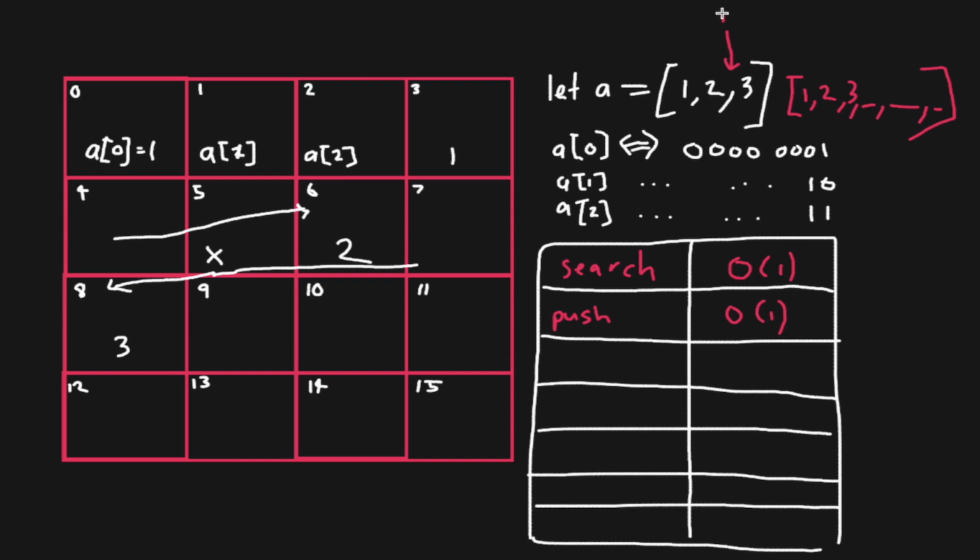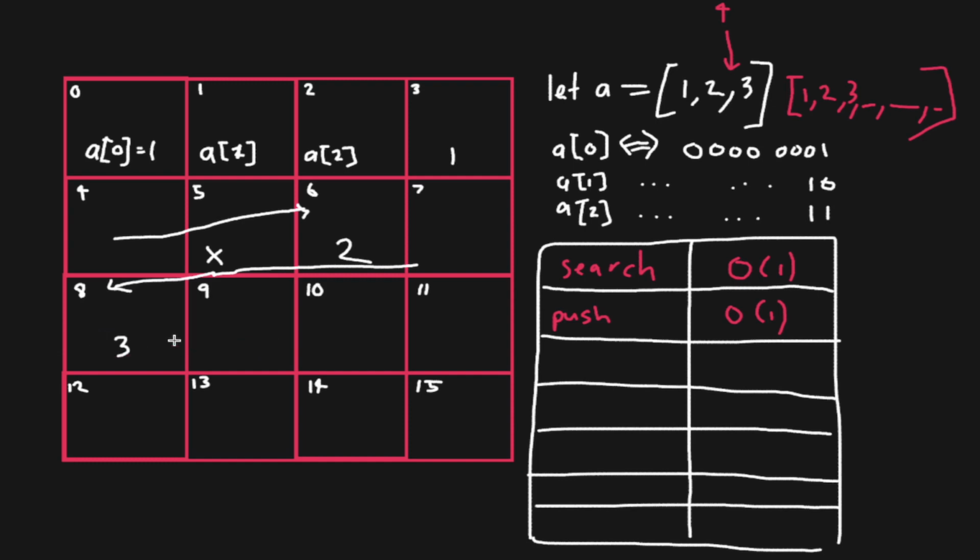But let's say I wanted to put the number 4 before the number 3 here. So in the simplest case, we could just shift this number here, right, and then where this 3 was, you could put a 4 there.